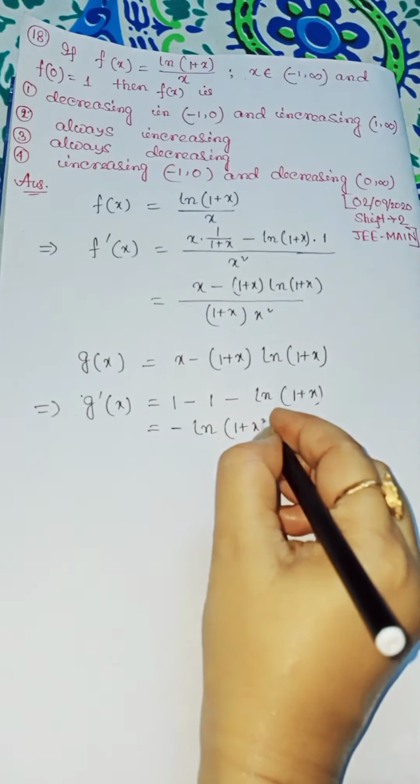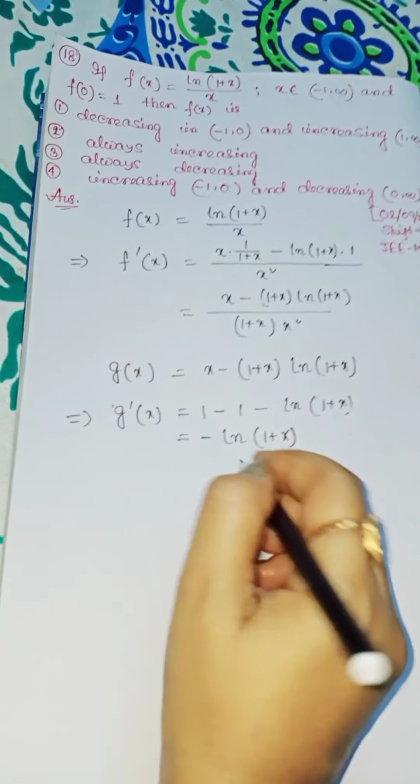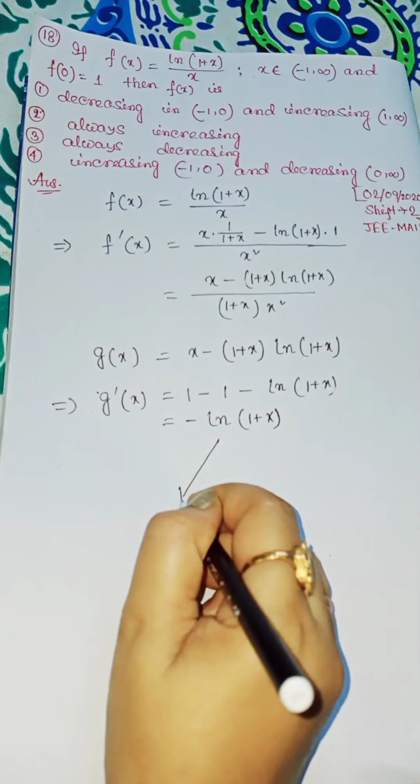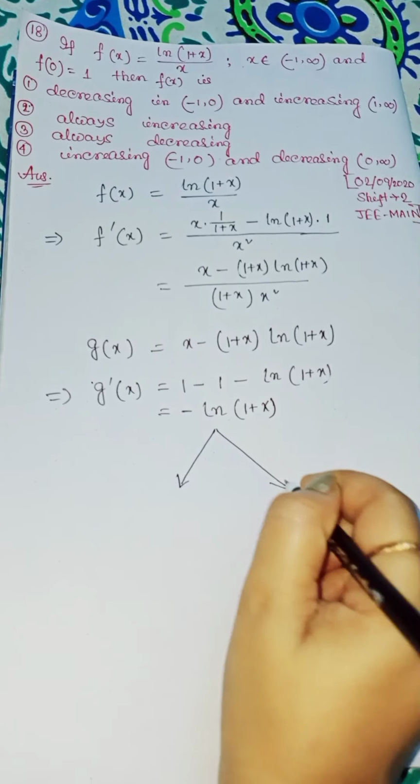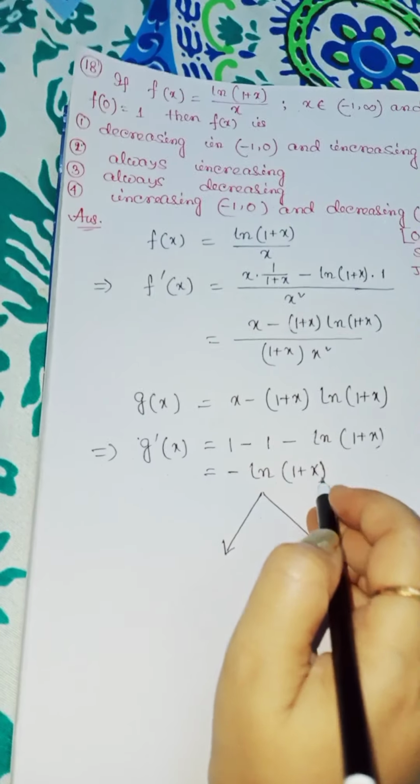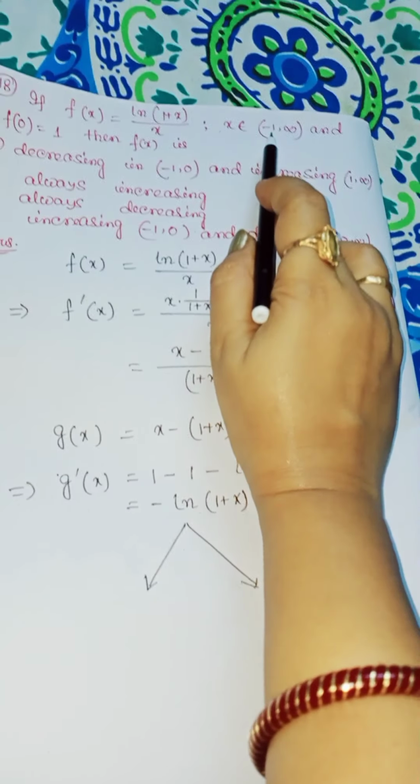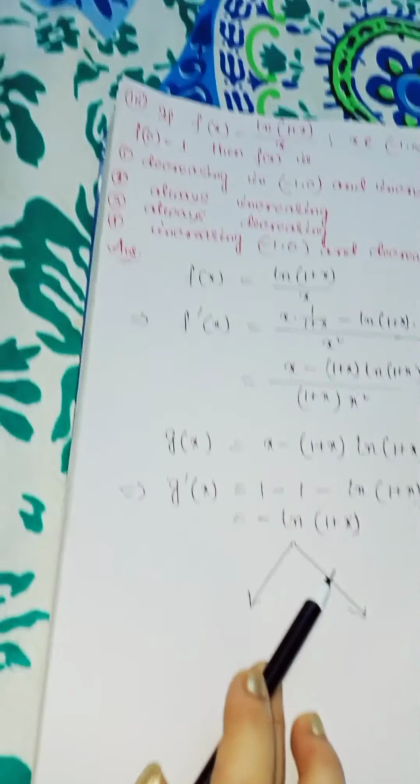Now to check whether it is increasing or decreasing, x lies between -1 and infinity, and f(0) is equal to 1, it is given.